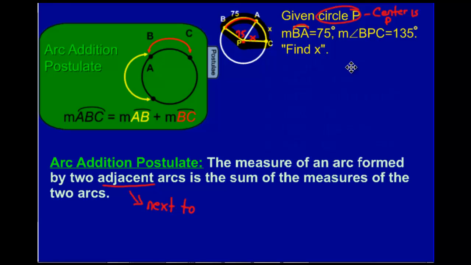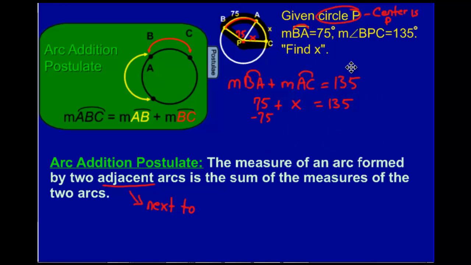So the way that we would write this is the measure of arc BA plus the measure of arc AC equals 135. Now we can substitute into that. This is going to be 75 degrees. We're going to call arc AC X, and we want it to equal 135.